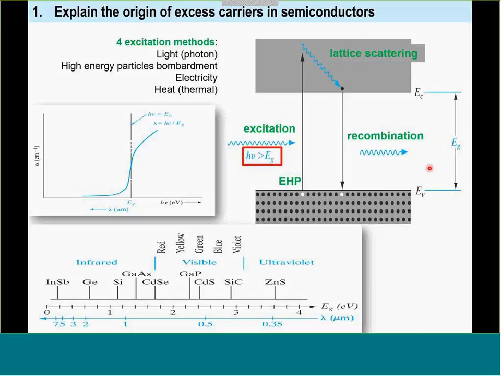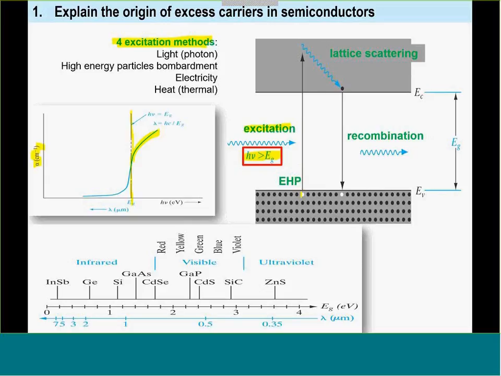So basically it is all about the excitation method and its condition, because we know that at around E gap, absorption increases. That's why the energy should be more than the E gap.